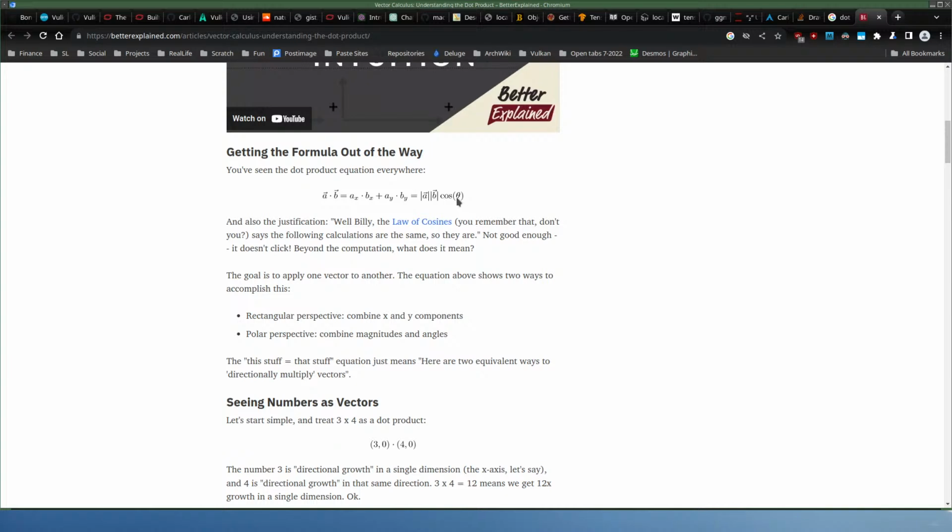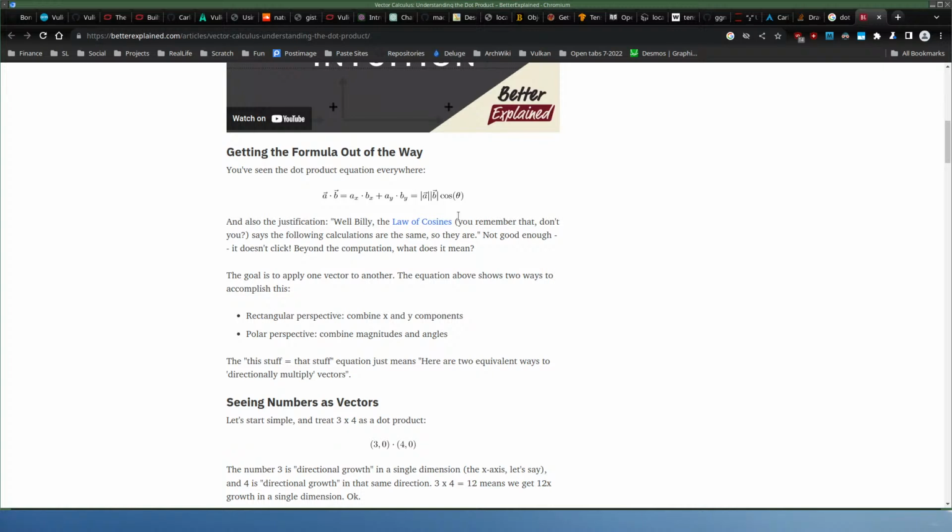So the most important thing to take away from dot products is that if the angle is 90 degrees, then the cosine is 0. Then of course the result is 0. So if two vectors make an angle of 90 degrees, then their dot product is 0. And that of course you would also understand if you talk about projection.